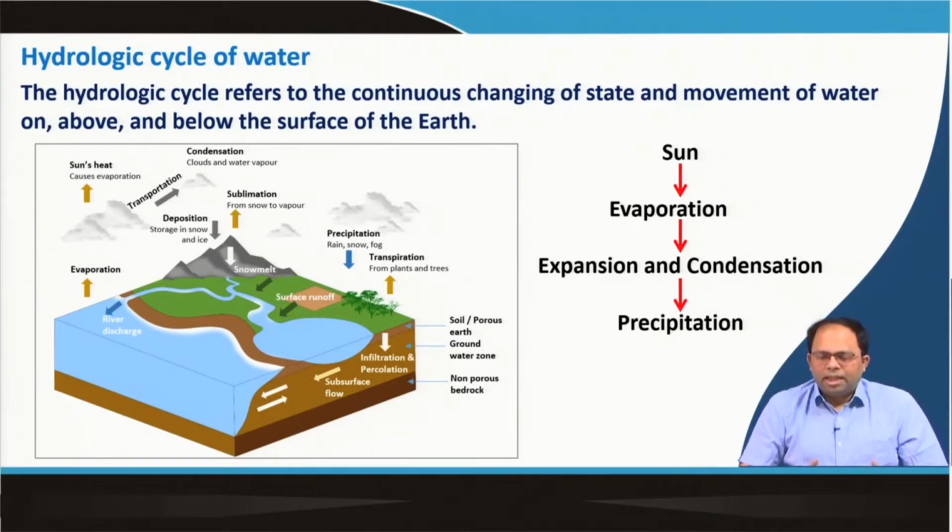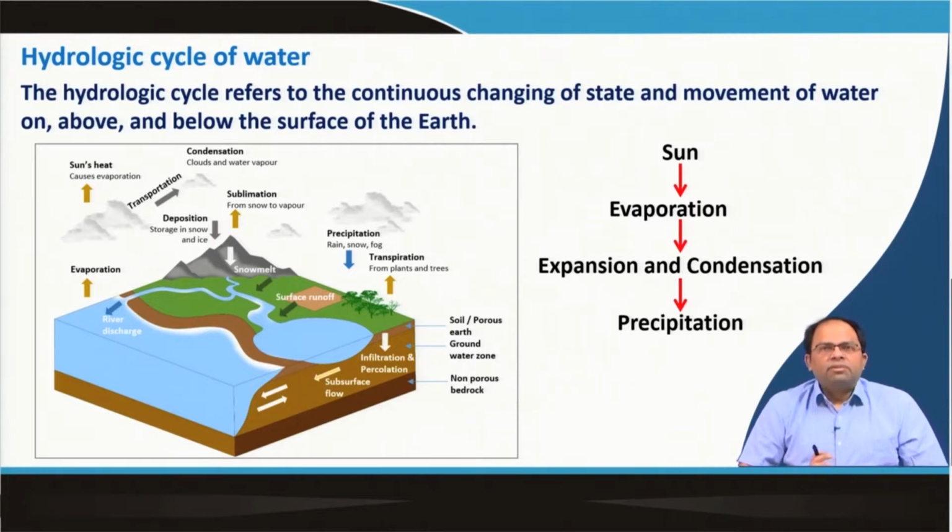So it changes state from liquid to vapor, and then once it goes up, it gradually expands because of low pressure in the upper layers, and then condensation takes place. Eventually, when there is dew point, precipitation happens, and the water that went up comes down in the form of either rain or snow. So, this is the hydrologic cycle of water which goes on continuously.